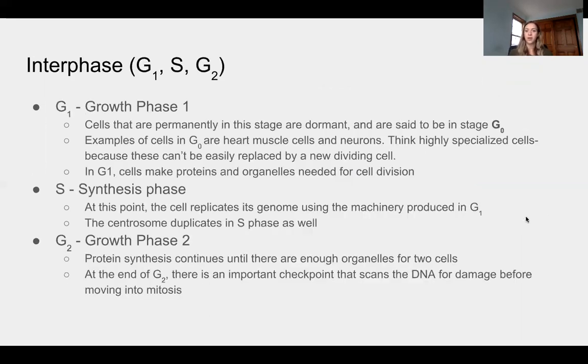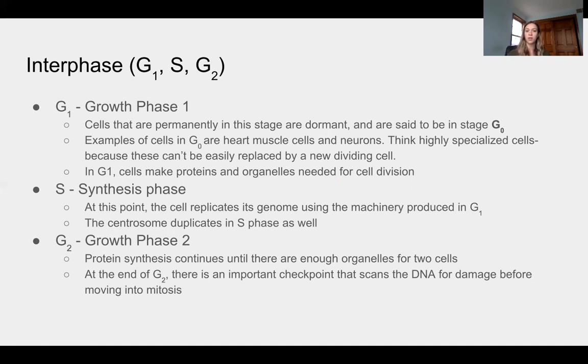All right, so interphase, which is composed of G1, S, and G2. G1 is growth phase 1. Cells that are permanently in this stage are dormant and are in stage G0, which was the answer to our question. Highly specialized cells like heart muscle cells and neurons, you're not constantly reproducing neurons.